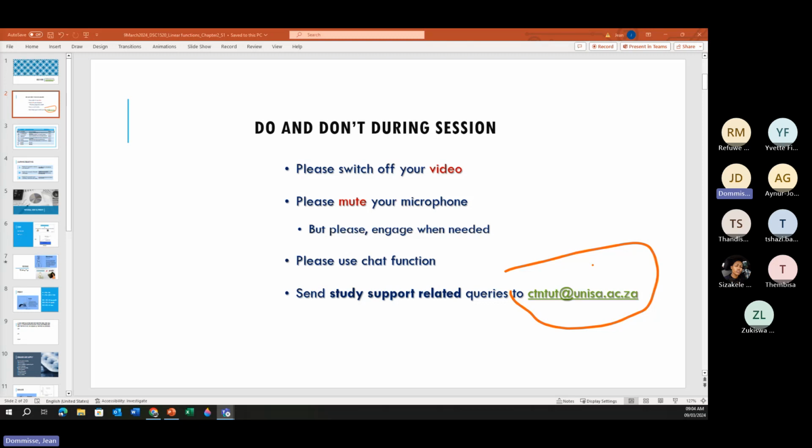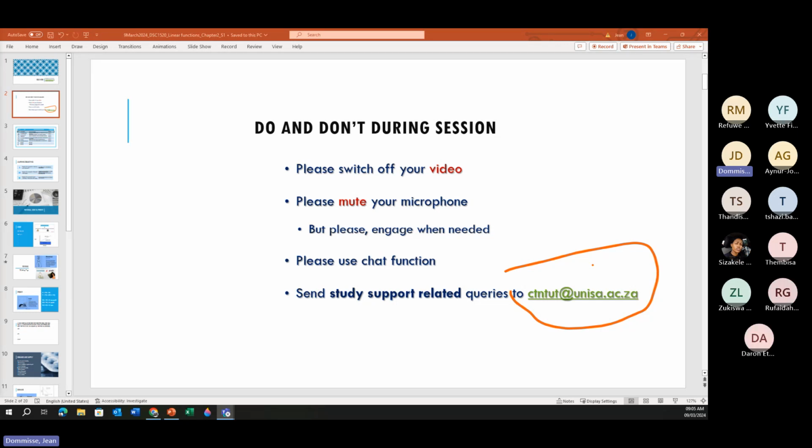So when you leave the session, you will still be able to chat. If you're a guest, you will probably not have access to the chat afterwards until you log in again. So please use ctntut@unisa.ac.za. They are very good. They've got a whole team looking at that email address, and they're really good to respond.